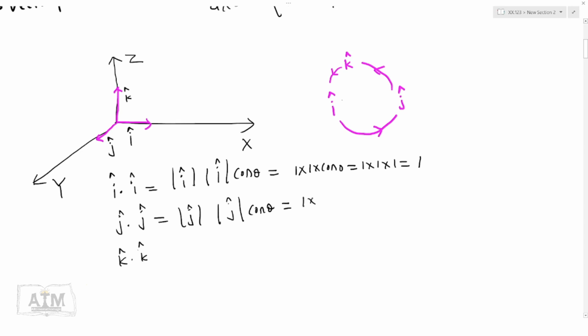So we can write 1 into cos 0, which equals 1. Similarly, k dot k is also equal to 1. Thus we understood i dot i equals j dot j equals k dot k equals 1.